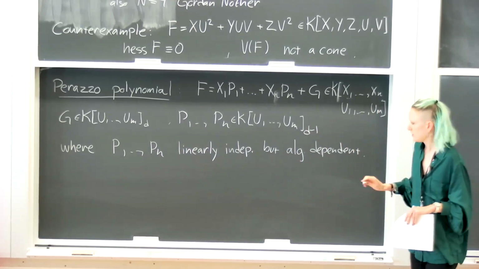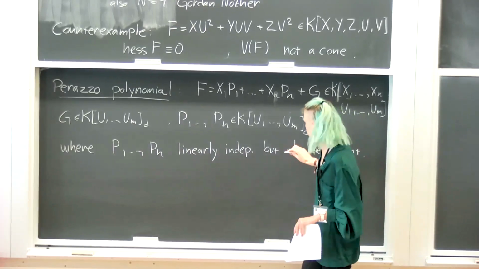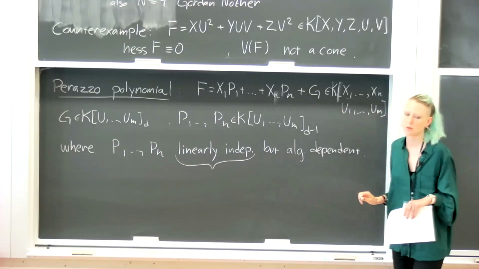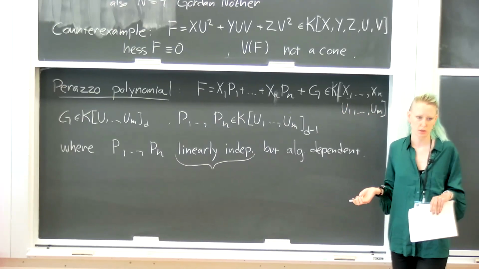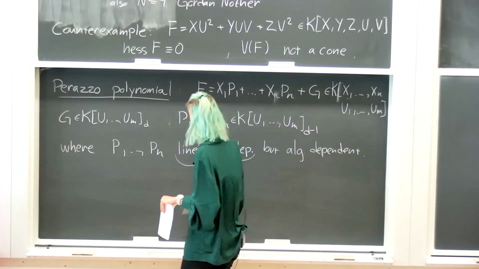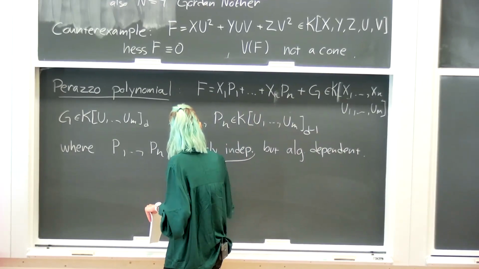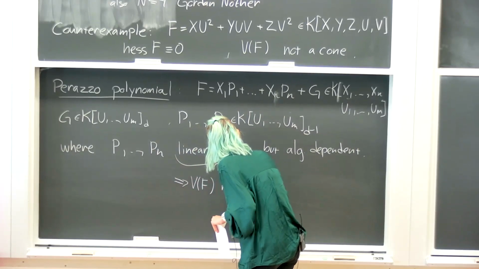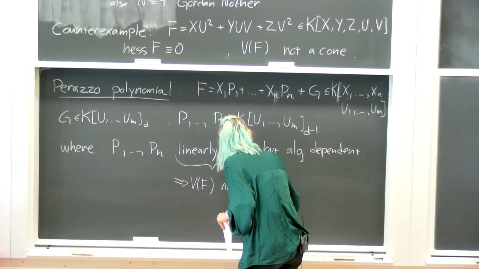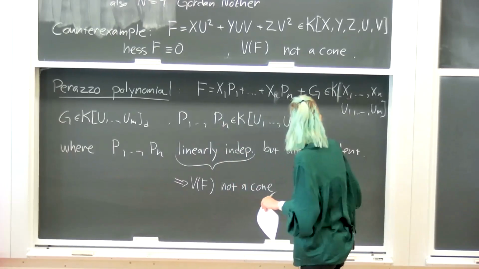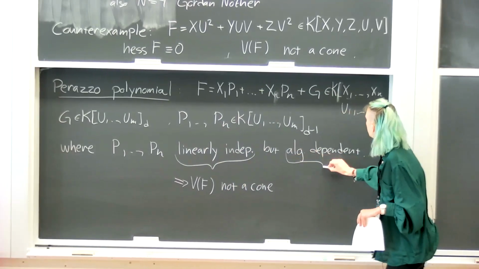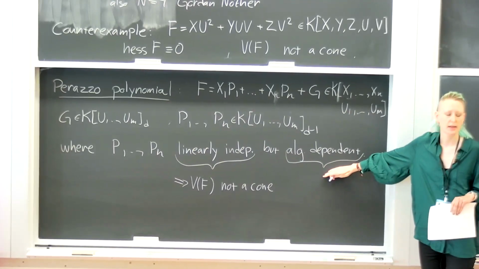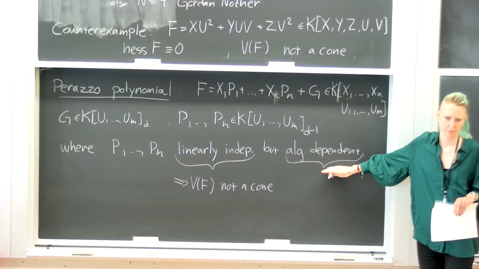The point with this is that this linear independence is going to make sure that the variety is not a cone. And this algebraic dependence makes sure that the Hessian polynomial is 0.